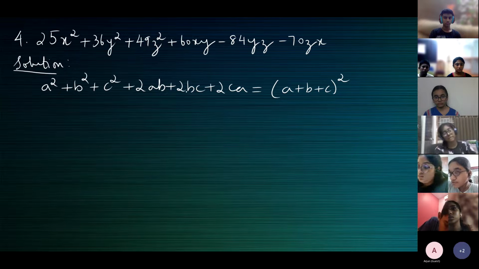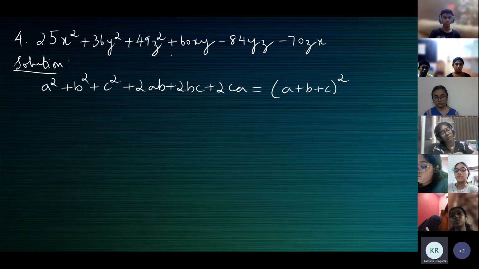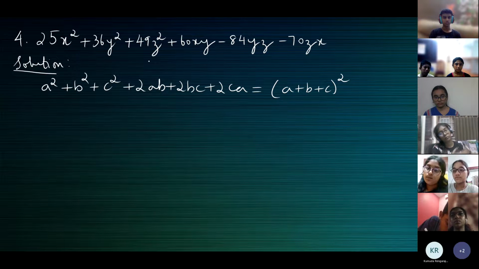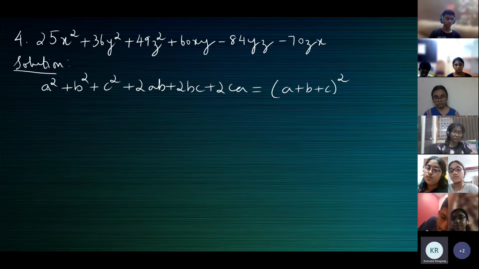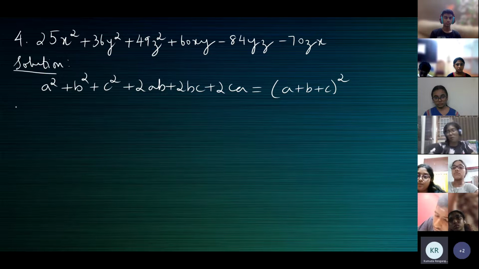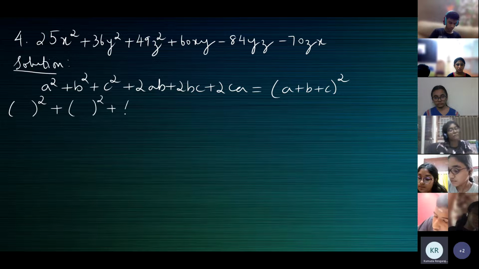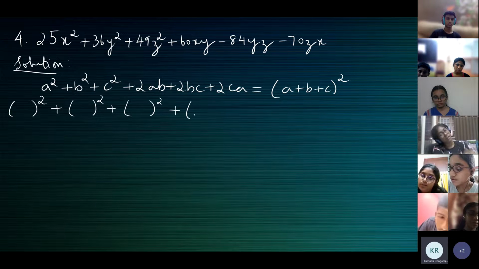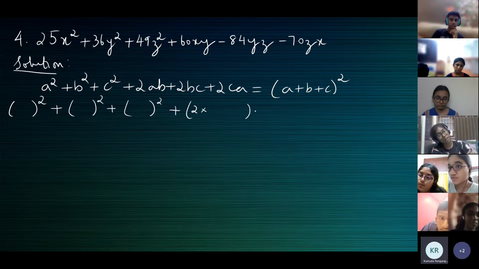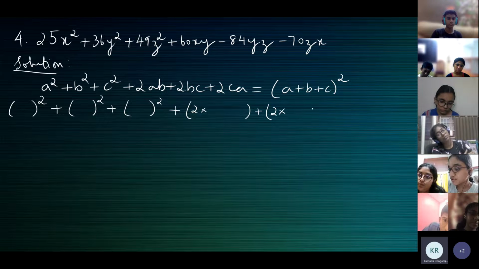So this is the identity which you will be using to factorize the given expression. Now the given expression looks like A square plus B square plus C square plus 2 into A into B plus 2 into B into C plus 2 into C into A.